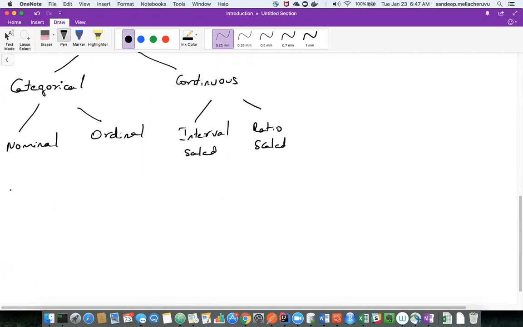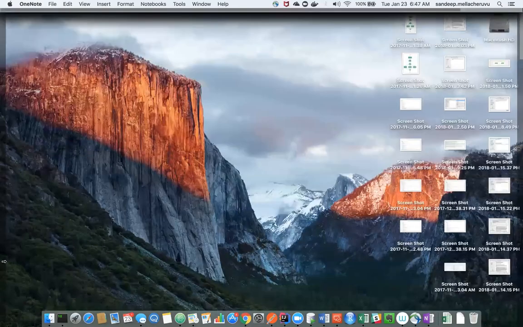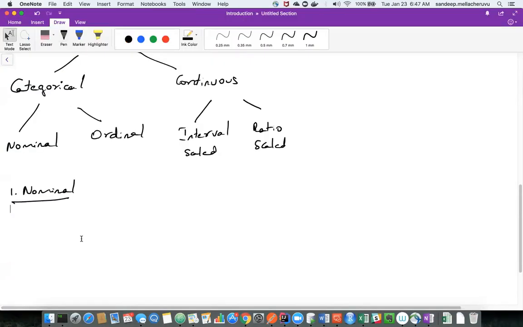Now the first one is nominal. What are the features of the nominal scale?